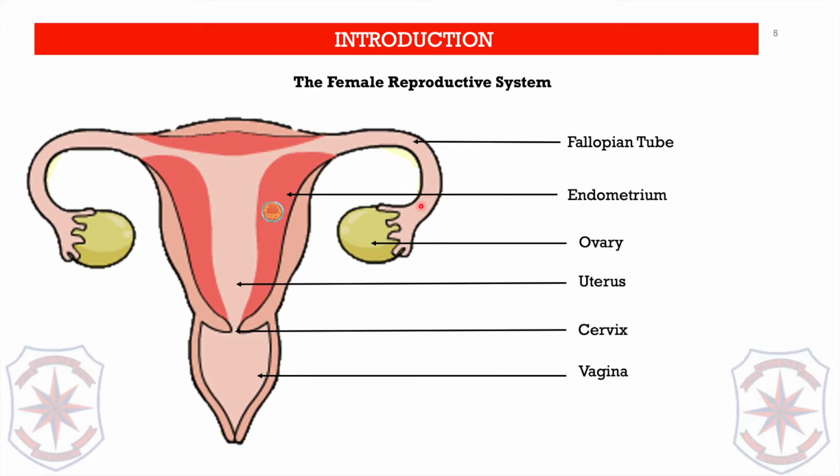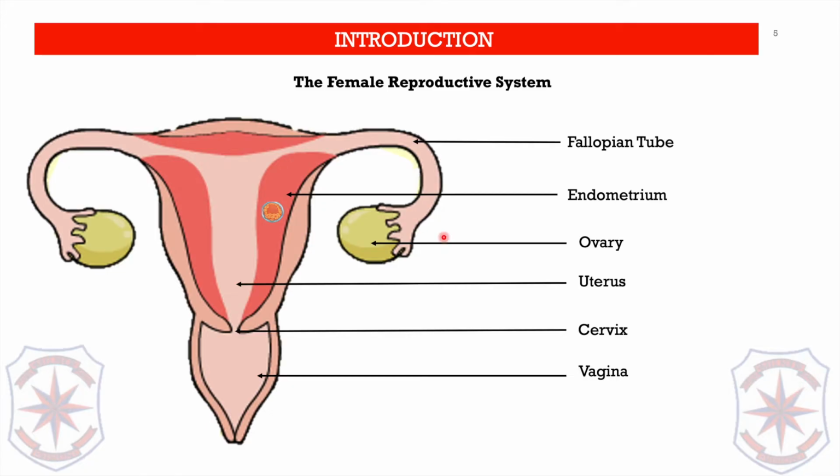The zygote will divide, and then it will move down the fallopian tubes to the uterus, and once in the uterus, the offspring will attach itself, or bury itself, in the thick endometrium, and that we call implantation. Okay, so we need 2 things.